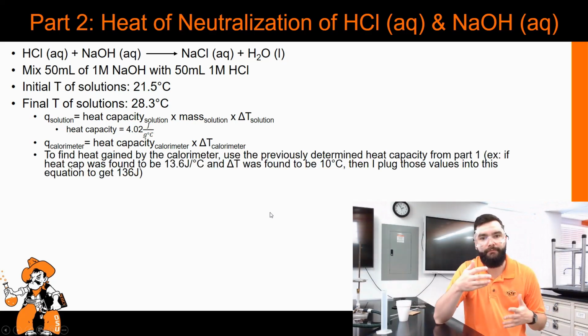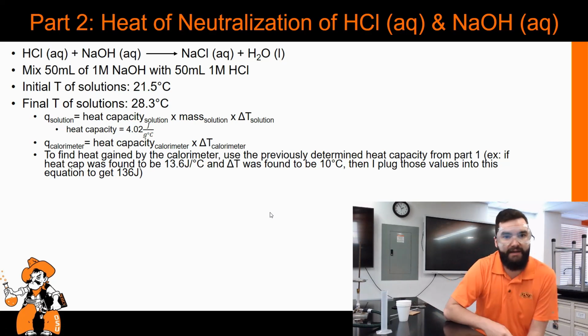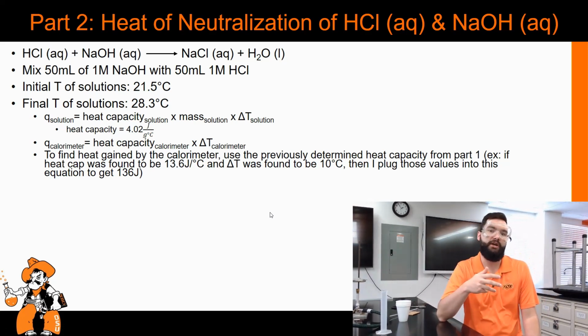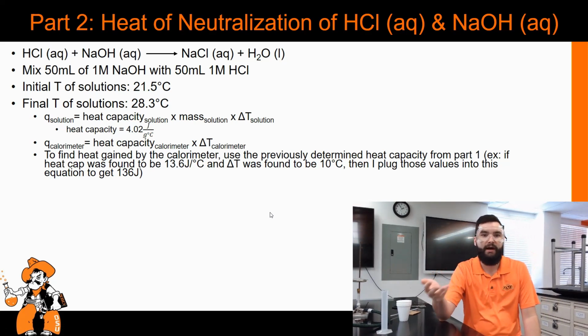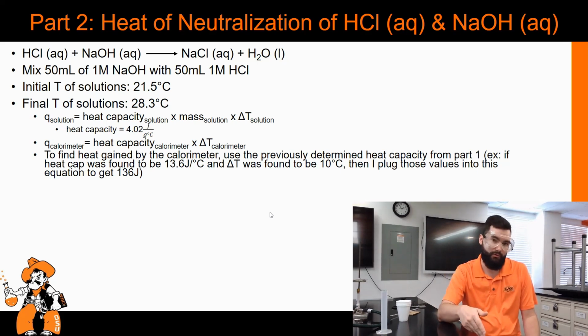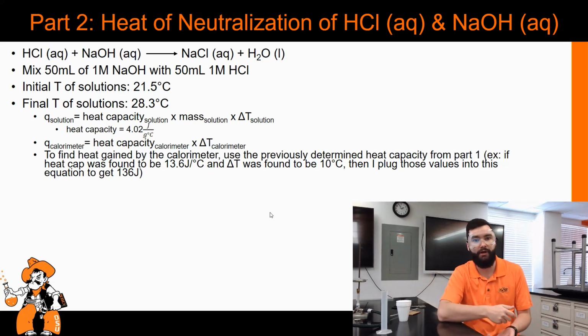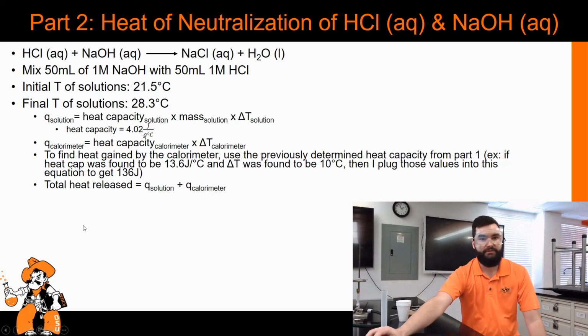For example, if I found that my heat capacity was 13.6 joules per degree Celsius and my temperature change was 10 degrees, I put those values into that equation and I get the heat absorbed by the calorimeter to be 136 joules. So 13.6 times 10 equals 136. Take those two, add them together, you get your total heat release. So you get the delta H of that reaction.